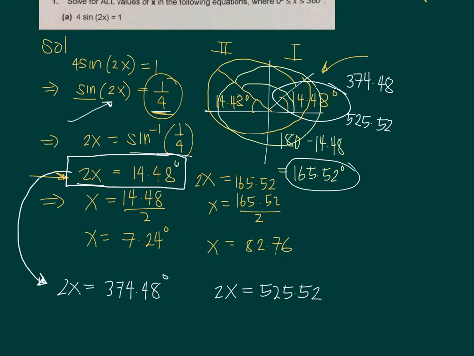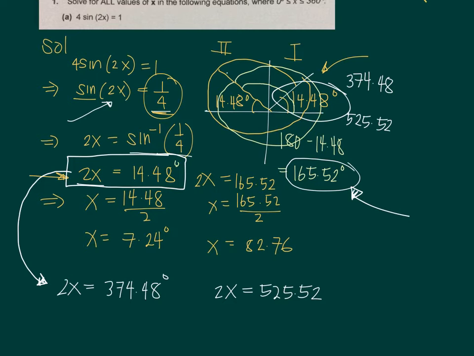So 2x can also be 374.48 degrees. At the same time, we also considered the one coming from 165.52. If we do one revolution, plus 360, can that still be a possible source for the value of x? So we got 2x equals 525.52.